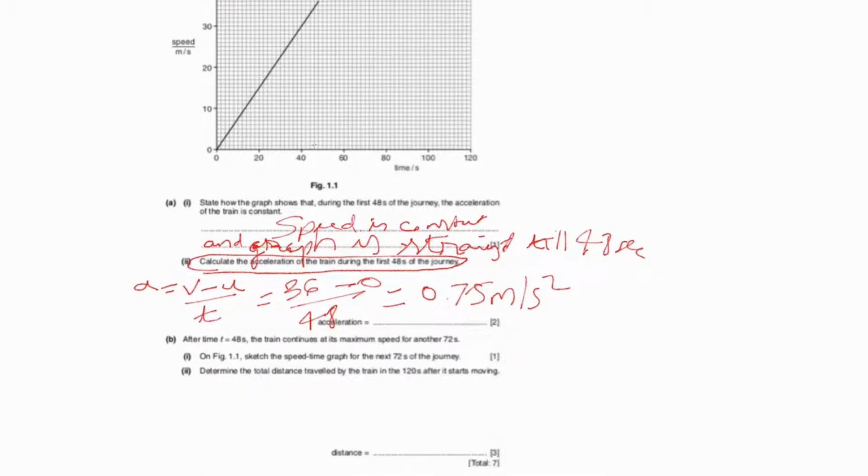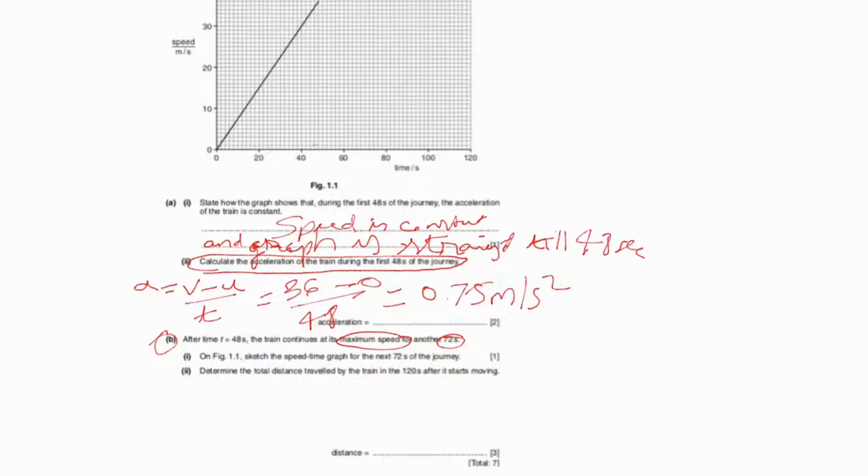So as you can see here, they have asked this. After the time t equals 48, the train continues at its maximum speed for another 72 seconds. So 72 seconds at maximum speed. What they have asked is, on figure 1.1, sketch the speed-time graph for the next 72 seconds of the journey.